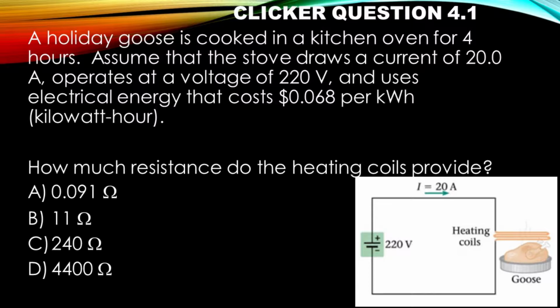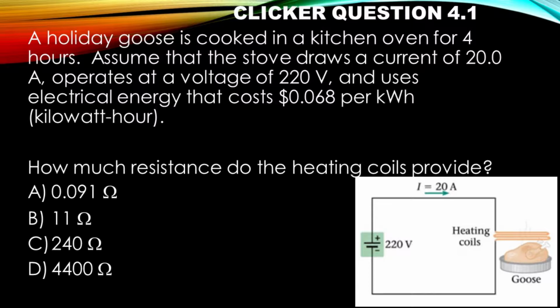Okay. All right. So now, our next question. This one's a little bit more calculationally intensive, but what we're building up to is being able to talk about these equations that I had listed at the top here for adding resistors in series and parallel. This question says a holiday goose is cooked in a kitchen oven for 4 hours.